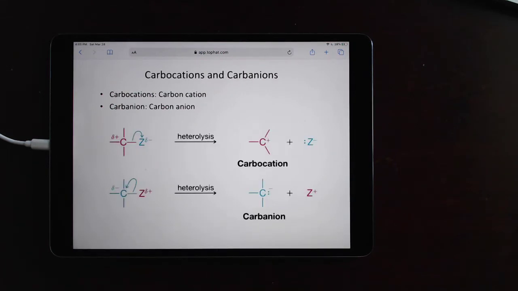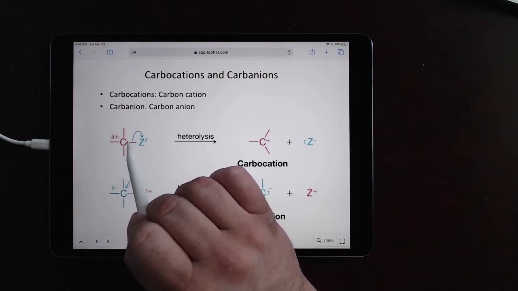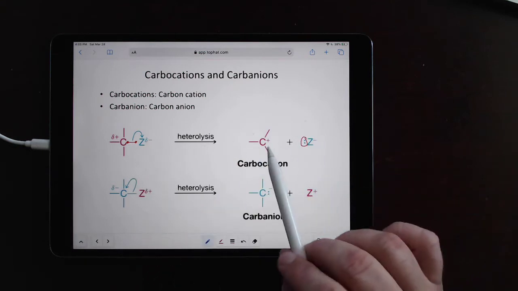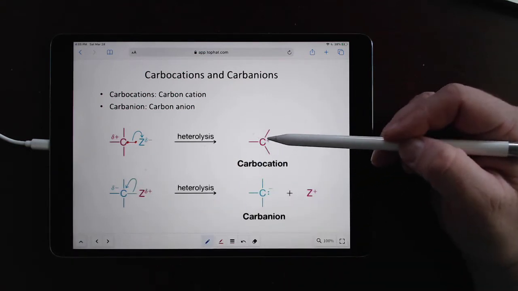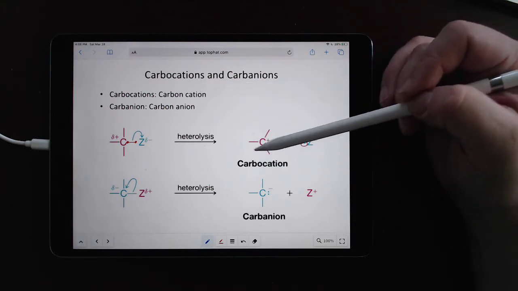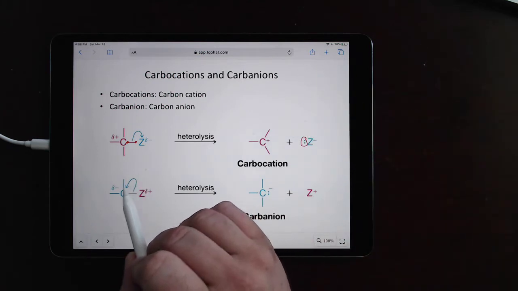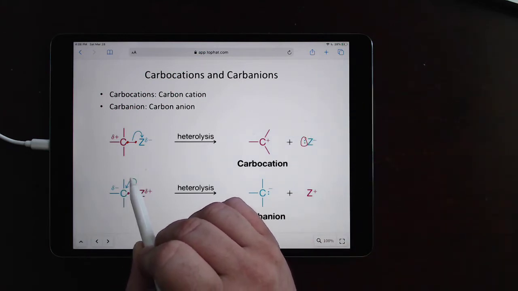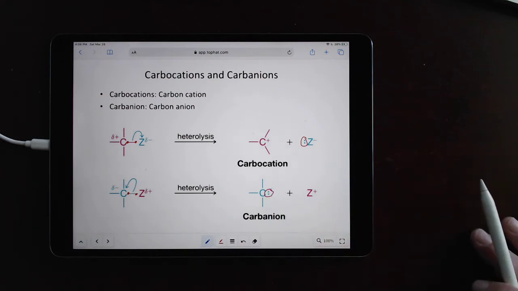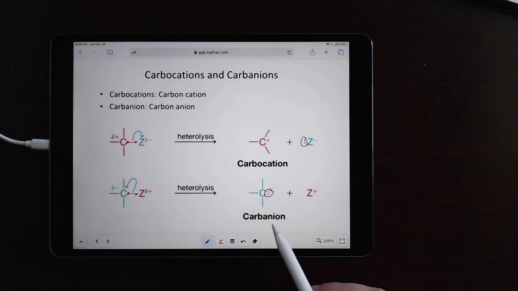Okay, so just as a reminder, carbocations and carbanions, right? So these two electrons, if they go onto a leaving group to leave behind a carbon with 3 bonds, a carbon cation, we call that a carbocation. If instead these 2 electrons end up onto the carbon to form this new lone pair, now the carbon has a formal negative charge, and so it is a carbon anion, or a carbanion.